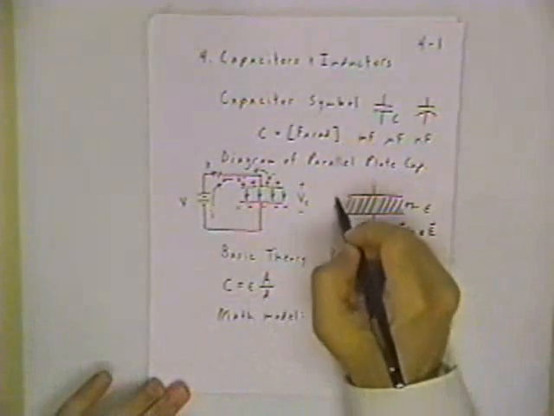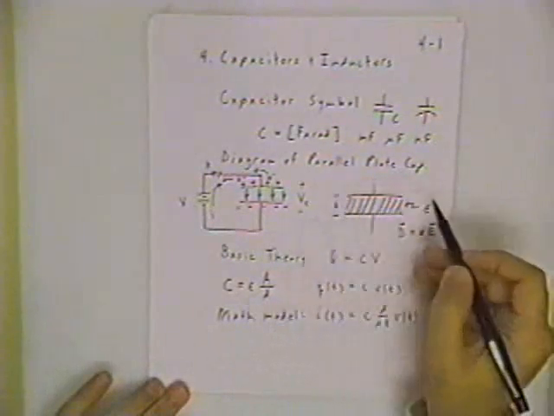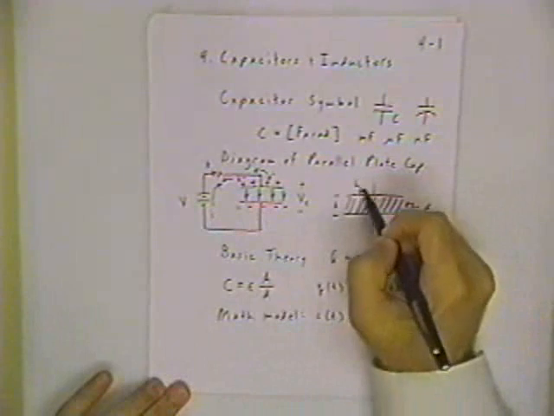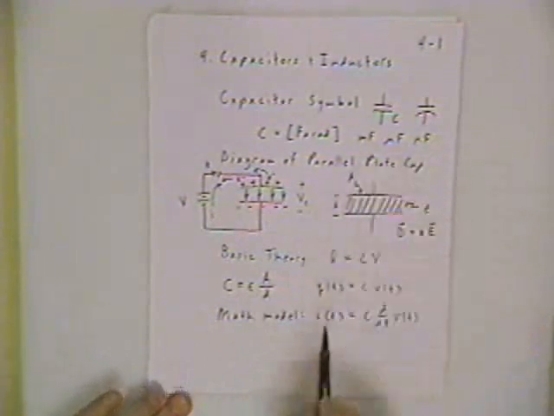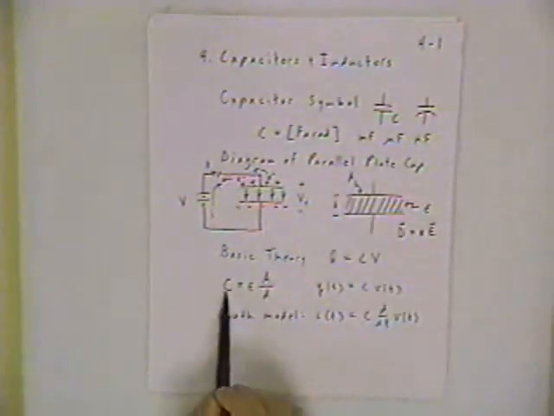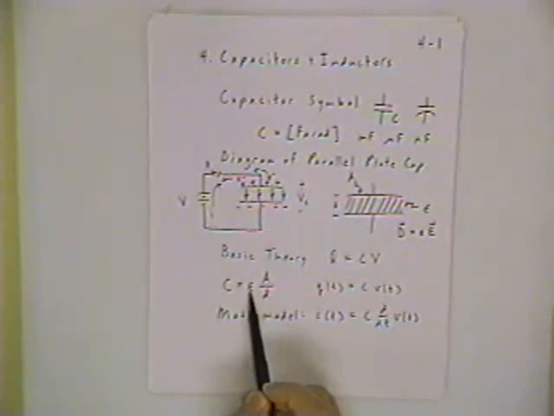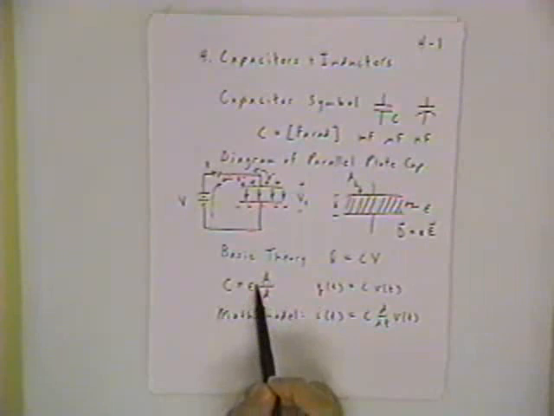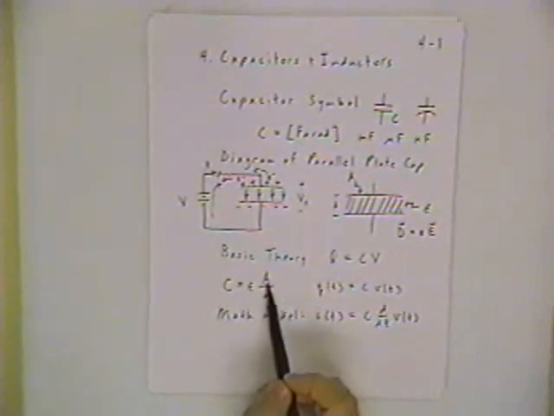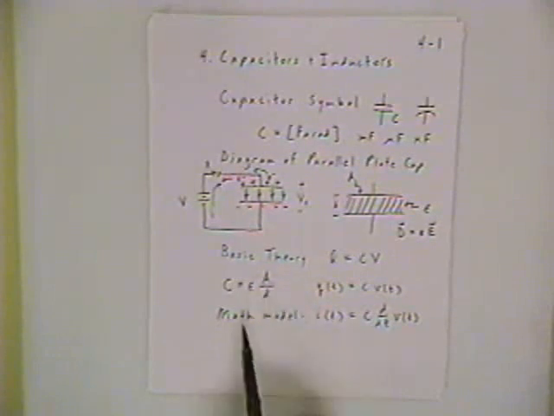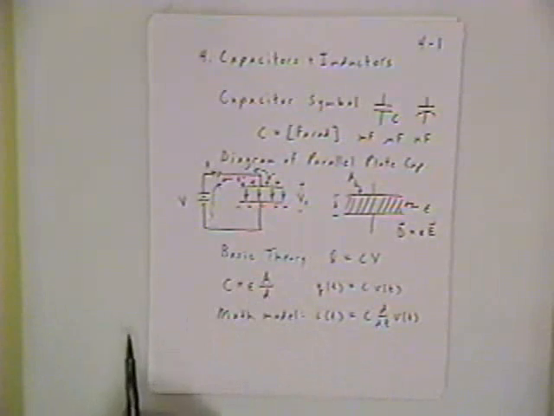So here we have a plate separation D, and we have a cross-sectional area A. It says if I want more capacitance, I can either fill the plates with a dielectric material that has a larger epsilon value, or I can make the plates bigger, or I can make the gap between the plates smaller, or I can do all three together and come up with a very high value capacitor.